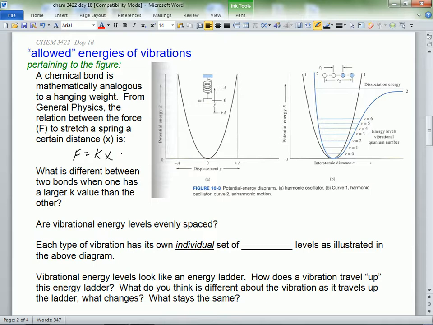Yes, K is a spring constant or force constant. Very good. F equals kx.